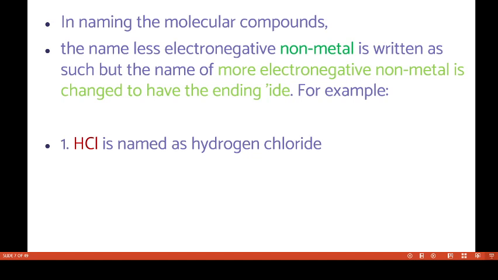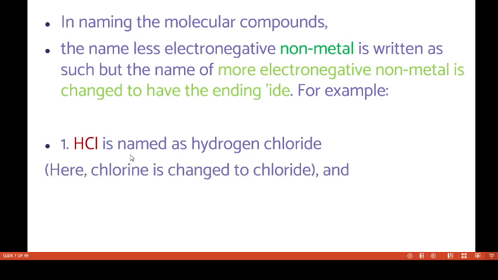These are the more electronegative non-metals. Now see, HCl is named as hydrogen chloride, because the electronegativity of hydrogen is 2.1 and the electronegativity of chlorine is 3.0. So which is the more electronegative? Chlorine is more electronegative. So HCl is named as hydrogen chloride, here chlorine is changed to chloride.